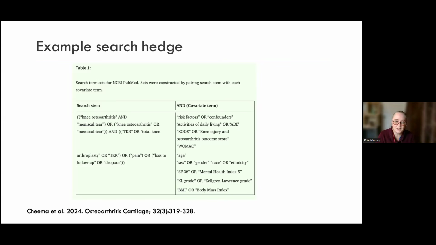I think there's more work we can do to identify good search hedge terms to help us pull out studies that might have covariates of interest, generally applicable across topics, but something like this where we're really looking for a broad spectrum of articles.